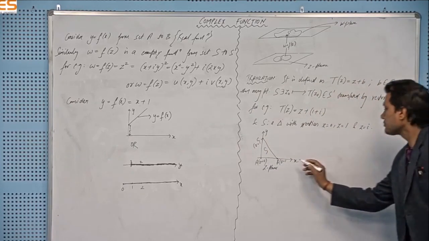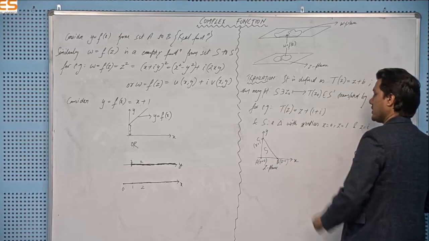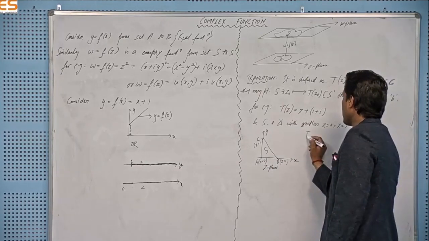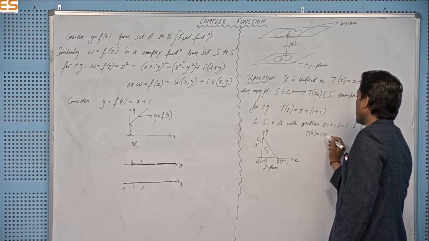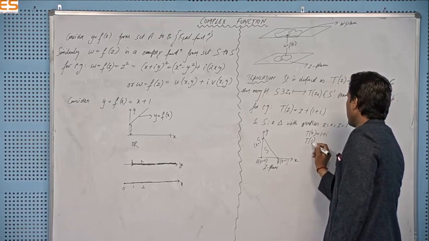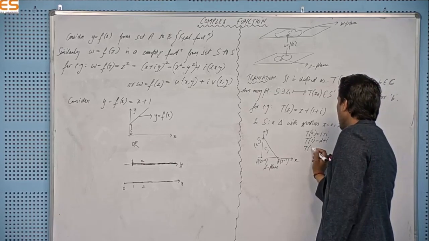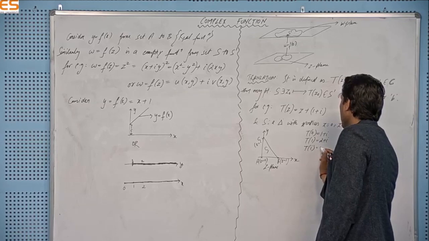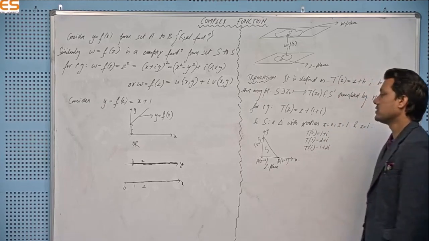Now, putting z equal to 0 here, you see that T(0) will give you 1 plus iota. T(1) will give you 2 plus iota, and T(iota) will give you 1 plus 2 iota.